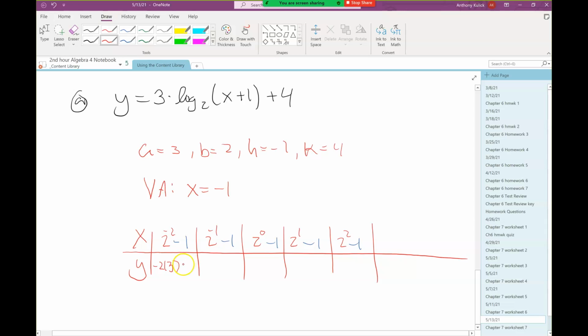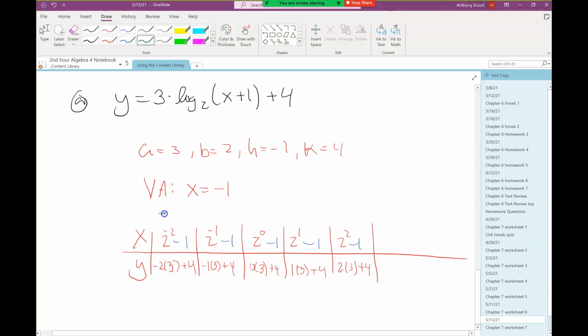And the y-coordinates: negative 2 times a plus k, negative 1 times a plus k, 0 times a plus k, 1 times a plus k, and then 2 times a plus k.